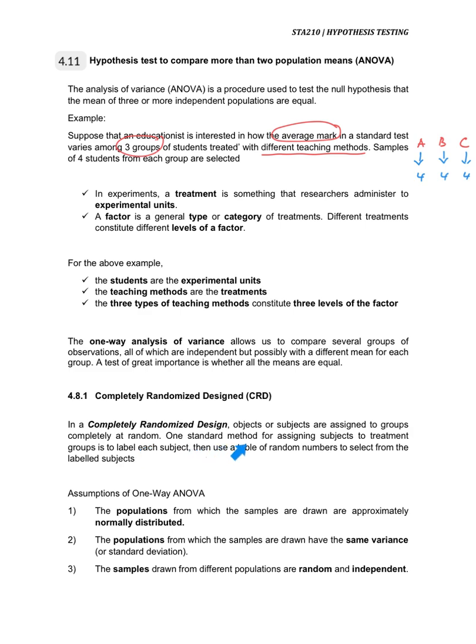One standard method for assigning subjects to treatment groups is to label each subject, then use a table of random numbers to select from the labeled subjects. For example, based on the same example on the different teaching methods that I have mentioned previously, we have teaching method A, method B, and method C, right?